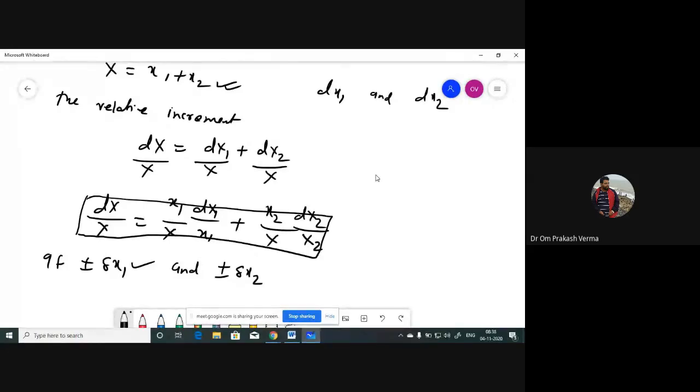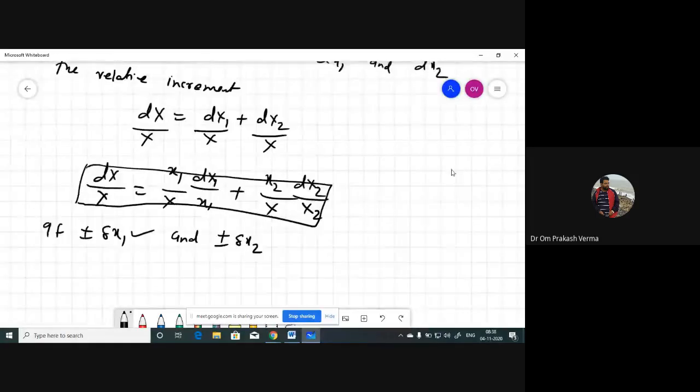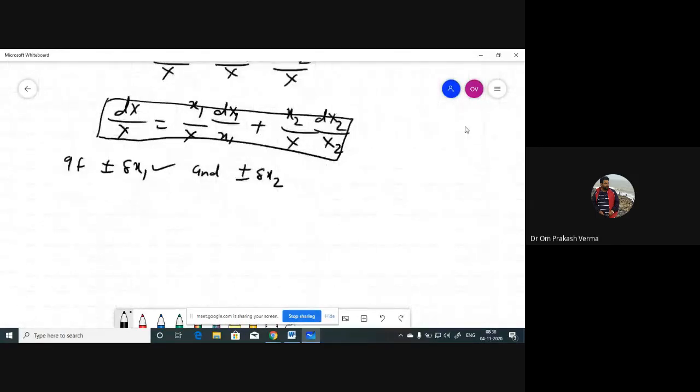Based on this, the corresponding limiting error in x becomes... can someone tell me what it will become?